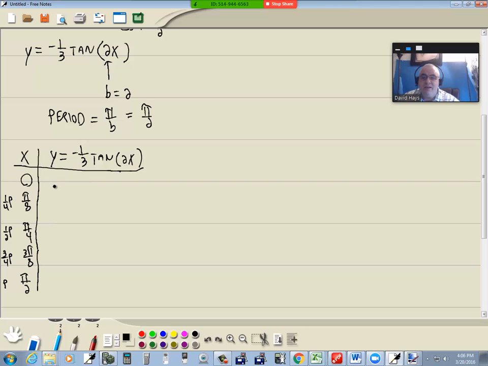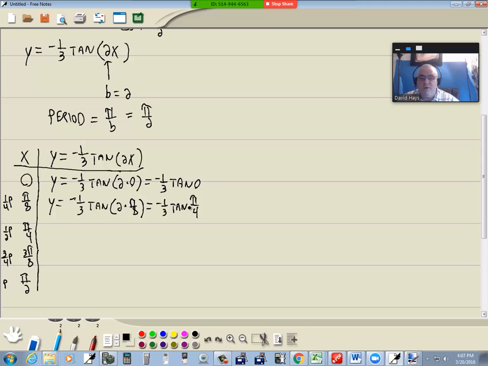Now if I plug each one of those in, I'm going to have y is equal to -1/3 tangent of 2 times 0, which is -1/3 tangent of 0. Here we'll have y is equal to -1/3 tangent of 2 times pi over 8, which is -1/3 tangent pi over 4. And this is y is equal to -1/3 tangent 2 times pi over 4.